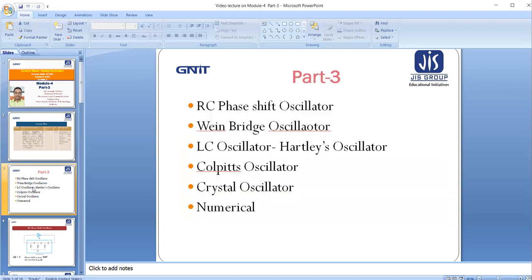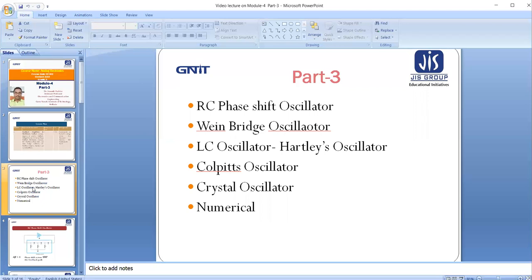So let us start part 3. I have included the oscillator and its various types in part 3. In part 1, we had discussed the basic concept of feedback and negative feedback topologies. In part 2, I had discussed several practical examples of negative feedback circuits and a very introductory idea about positive feedback.